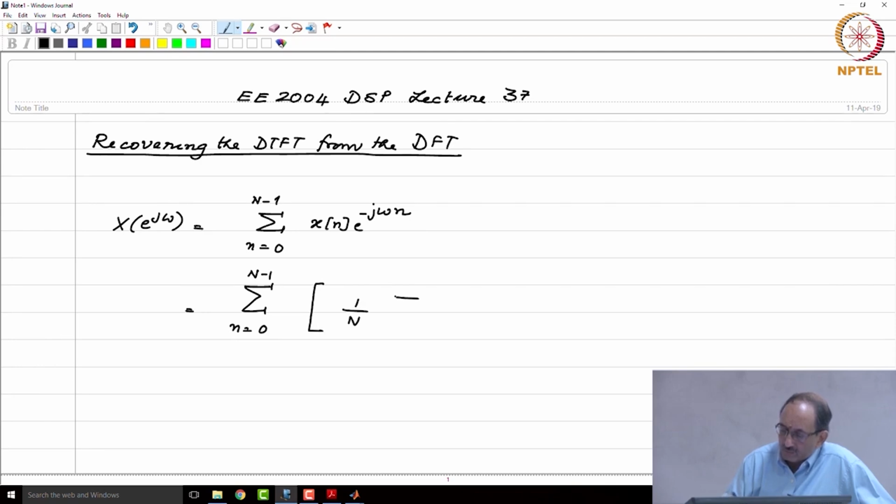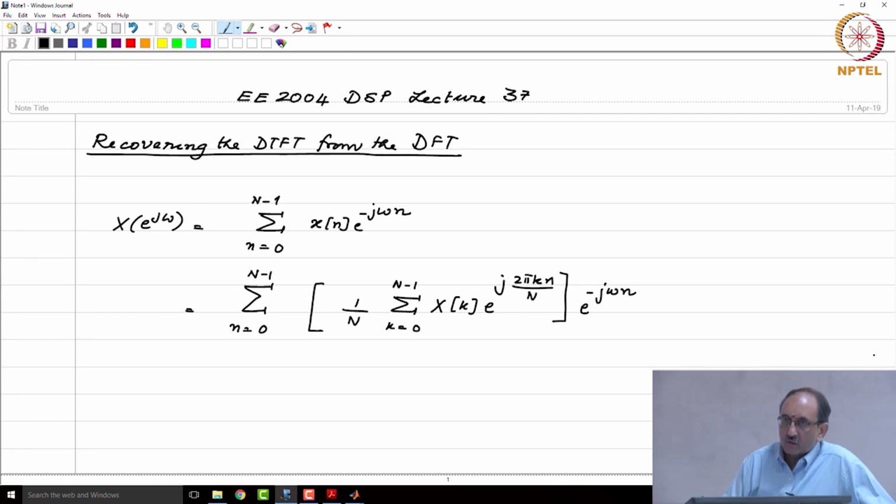Therefore, this is nothing but 1 over N, sum over k going from 0 to N minus 1, X(k) e^{j2πkn/N} times e^{-jωn}, and again there are no issues interchanging these two.